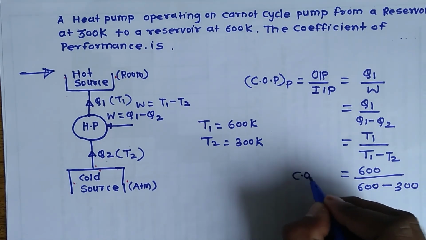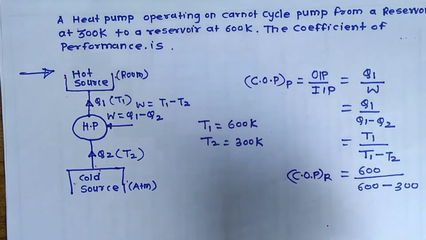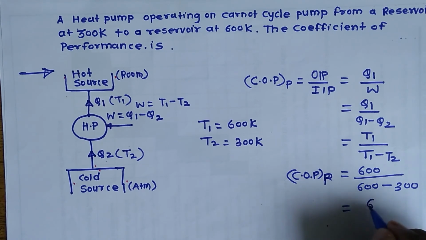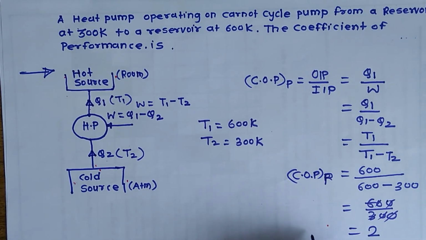So the coefficient of performance of that pump will be 600 divided by 300. So that 0 gets cancelled, and the coefficient of performance of that pump will be 2.